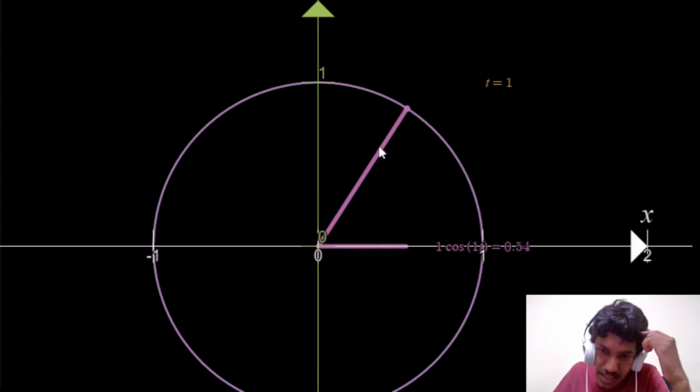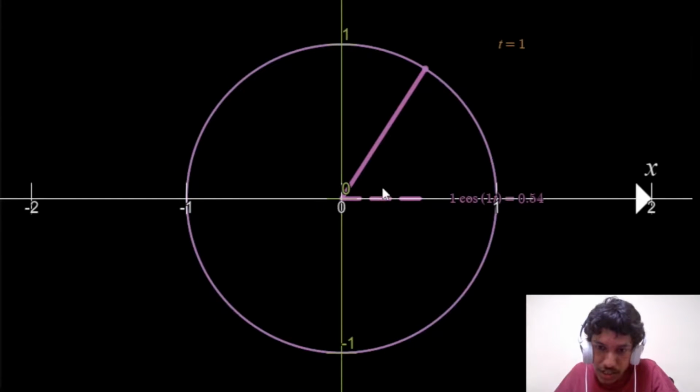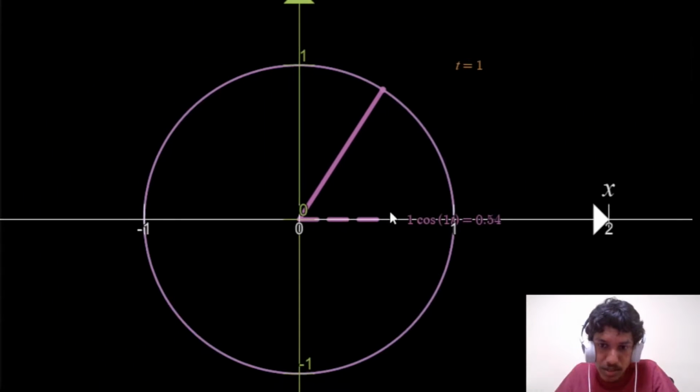So this is the main rotating line that we talked about in the last video. And then this projection on the x-axis right here is going to represent the cosine, as mentioned in the previous video, where we project this rotating line on the x-axis, and then that will give us a cosine value.